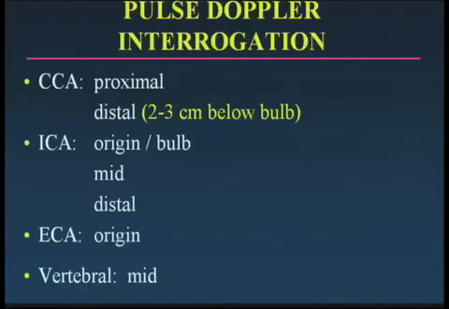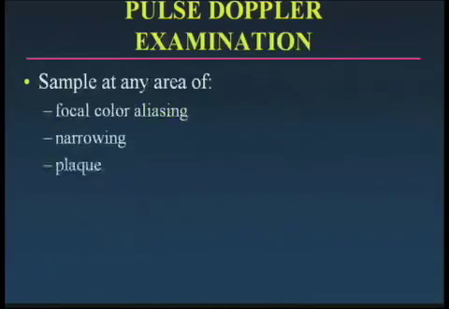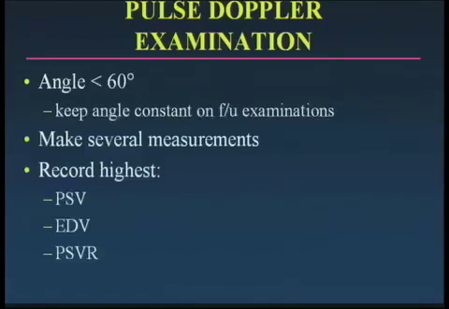We make at least 3 measurements in the internal carotid artery, at the origin, mid and distal, 1 measurement at the origin of the external carotid artery, and then we get a tracing in the mid-vertebral artery. In addition to these basic tracings, we also sample and obtain a Doppler tracing at any area that demonstrates focal color aliasing, narrowing, or significant plaque deposition.